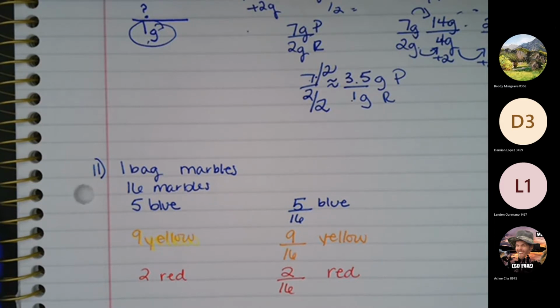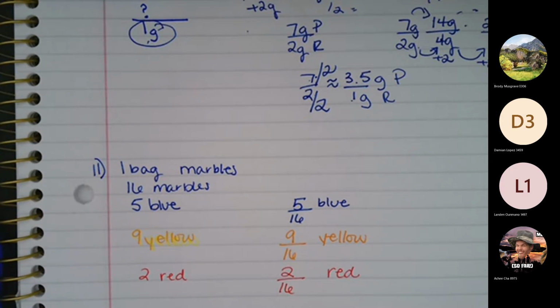It says a bag contains 16. So if the bag contains 16, even if they gave me an extra, I wouldn't select that out of the bag because the bag contains 16 marbles. There's blue, yellow, and red. So it is impossible for me to choose a green marble because there isn't a green marble. So the answer is true.